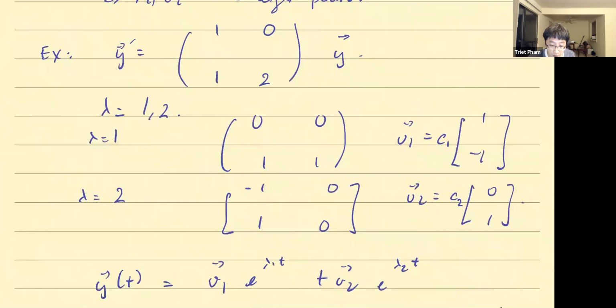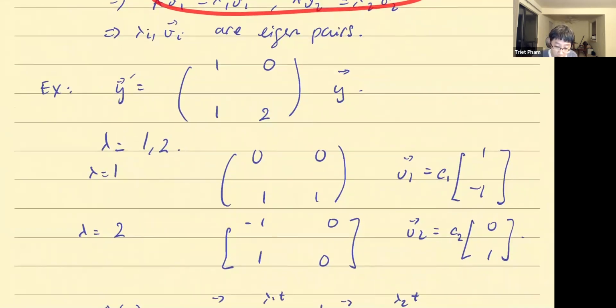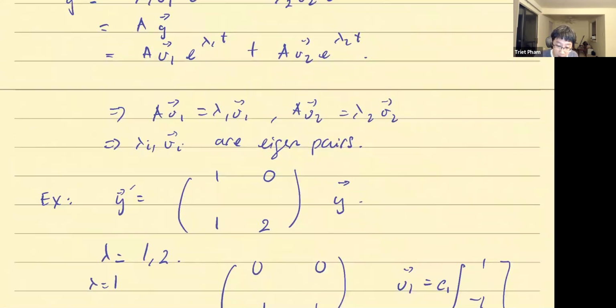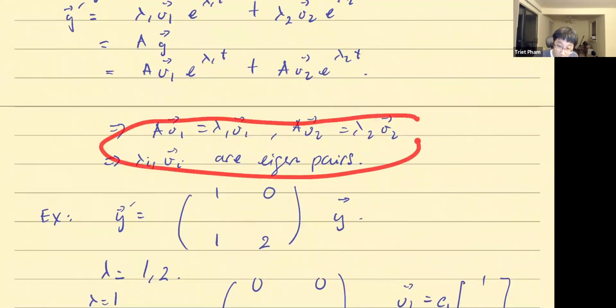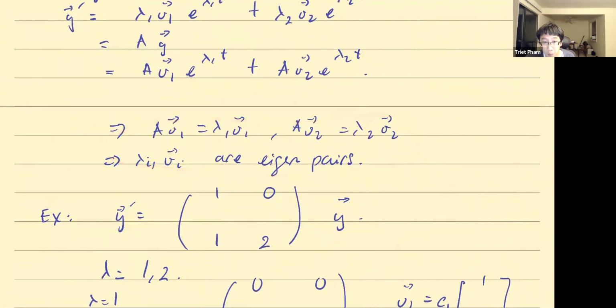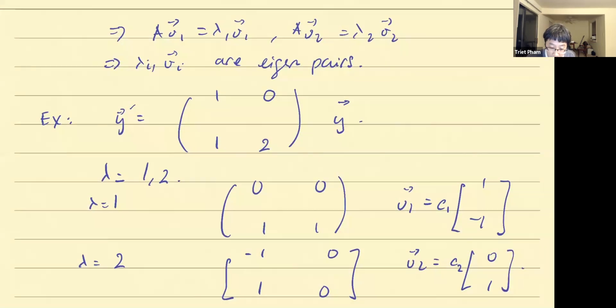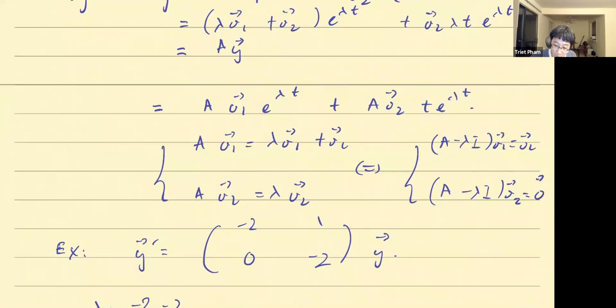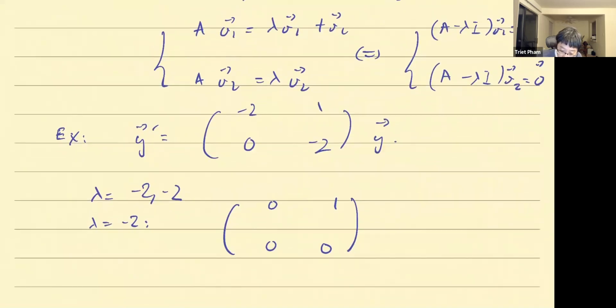That's what you're referring to, right? So the reason is we are in a case where we only have one V as eigenvector. If you have two eigenvectors, then that's what you're saying. Now, both can happen, and that's where this thing can be confusing. I cannot tell you what rule it is when you have one or the other. But when you realize what case you're in, the system that you solve for will be different.